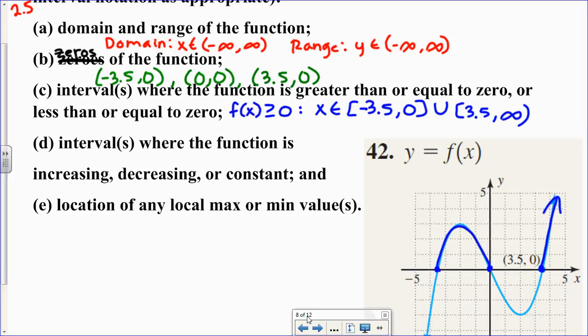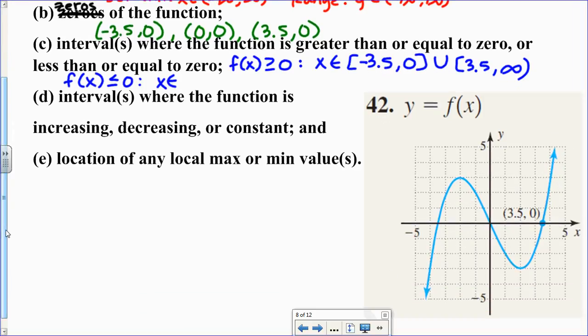Okay. Now we want less than or equal to 0. I want below the x, and it's equal to. So again, I'm including those points. So write down what you think these intervals would be.